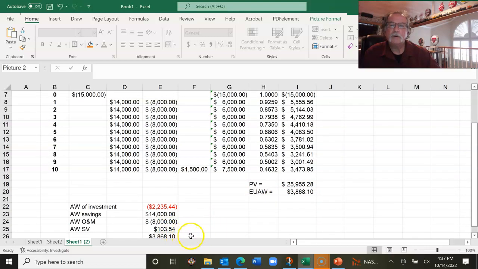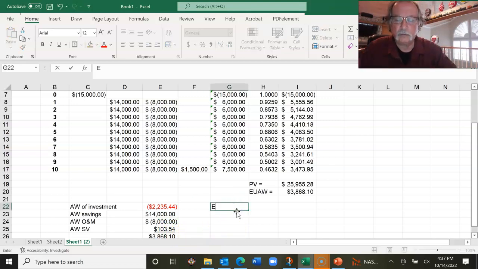And what they did in the example is we have the equivalent uniform annual benefits, equivalent uniform annual costs, and equivalent uniform annual worth.